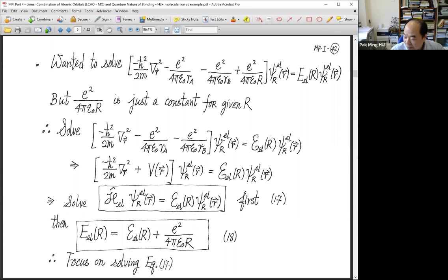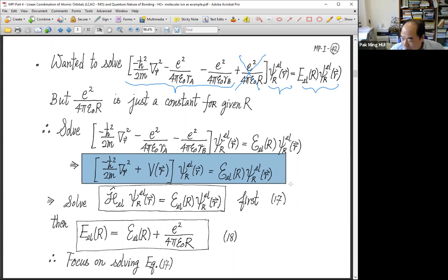What I mean is that for the moment, you don't worry about this constant and solve this problem. Okay? That is the problem that I wrote down.